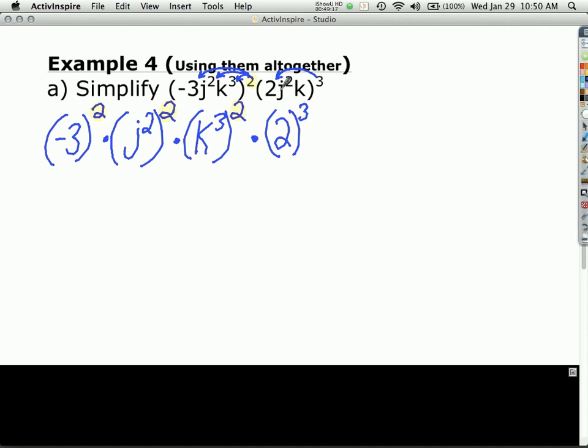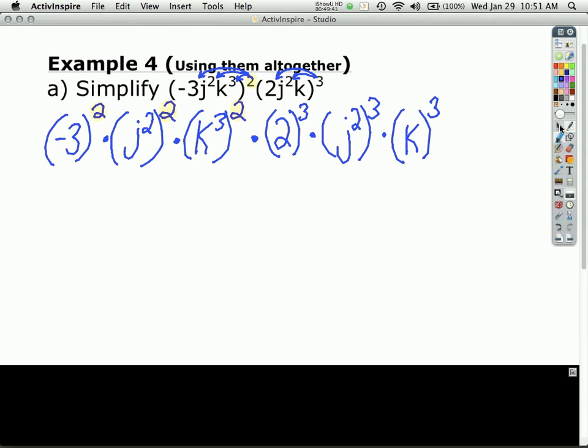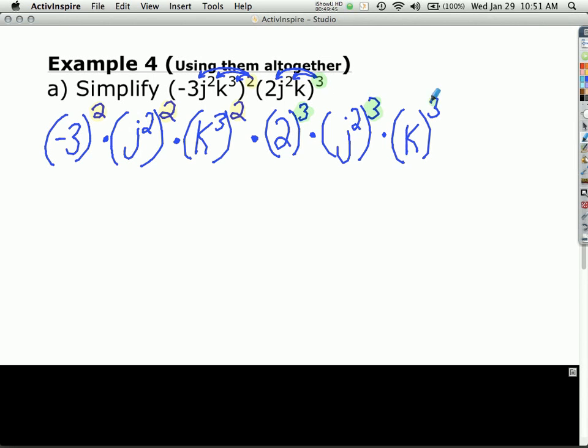The second factor is j to the 2nd, again, j to the 2nd being brought to the 3rd power. And then the third factor is a k being brought to the third power. So again, the only thing that was done was this 3 was applied to each factor. Does anyone have any questions?